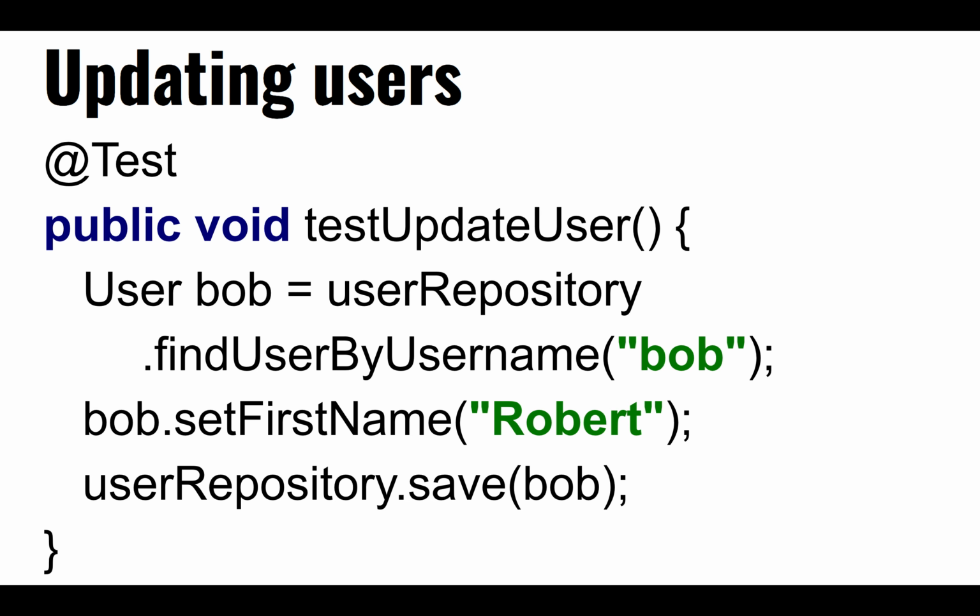And notice that we are indeed using it. We were saying Bob.setFirstName(Robert). You see that? So even though it looks like we're using an object of type User, actually we're not.